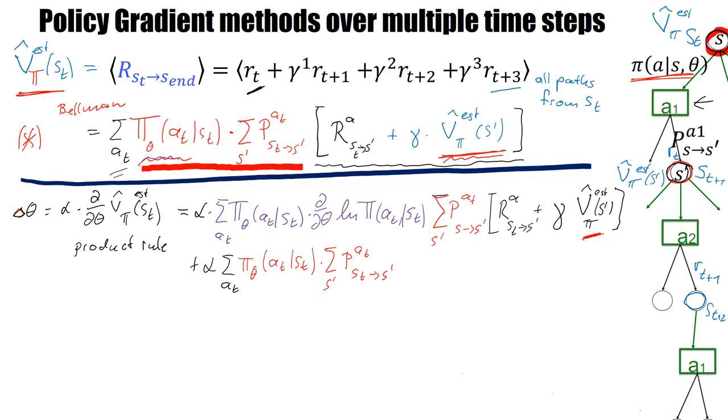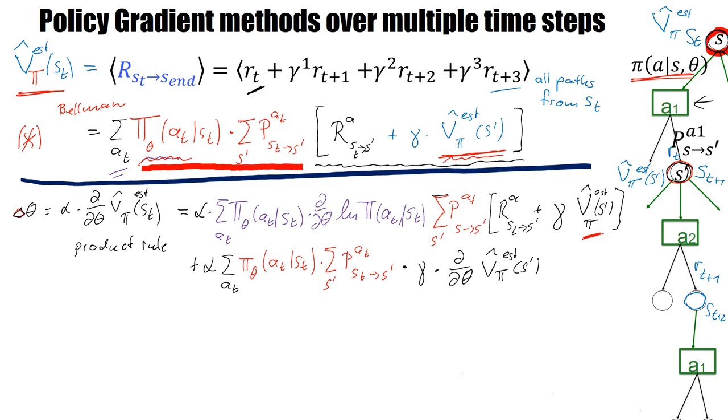The first term is a constant with respect to the parameters. It does not depend on my choice of parameters. It does not depend on the policy. So what we still have is the second term. So gamma, and then this gives the derivative with respect to the parameters of V hat estimation of s prime, and this depends on the policy.